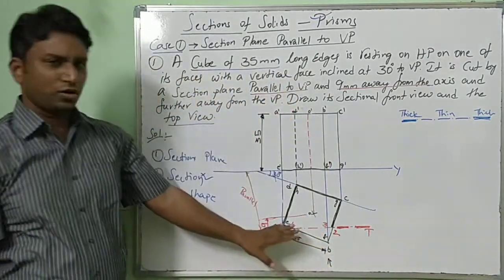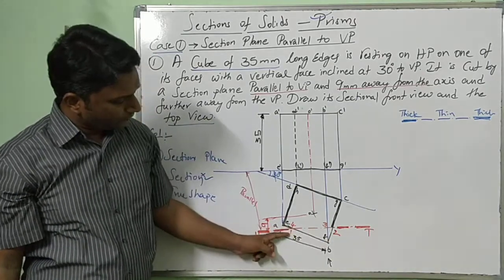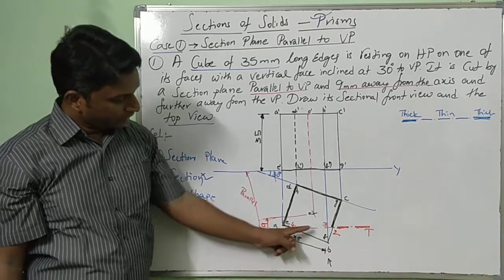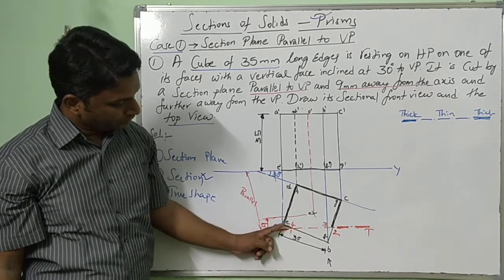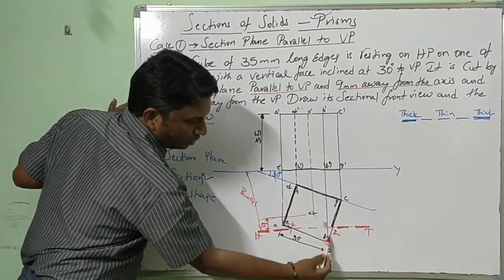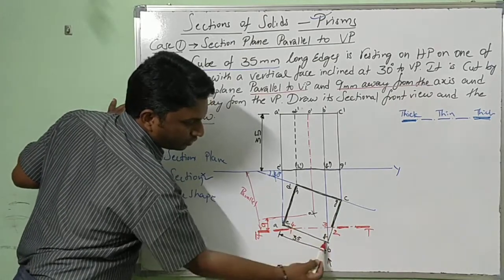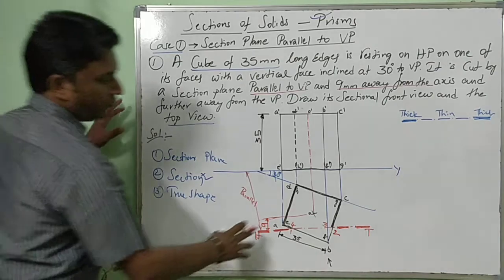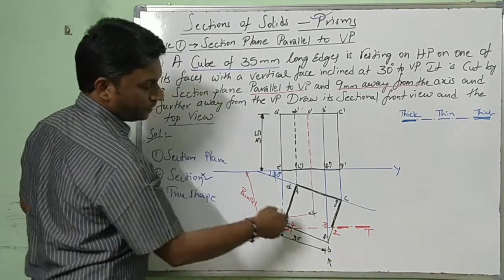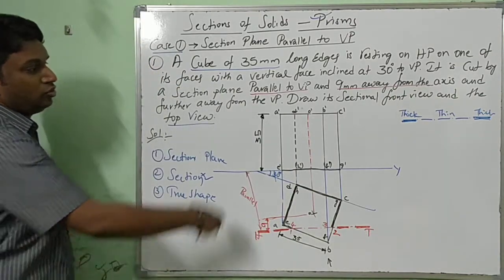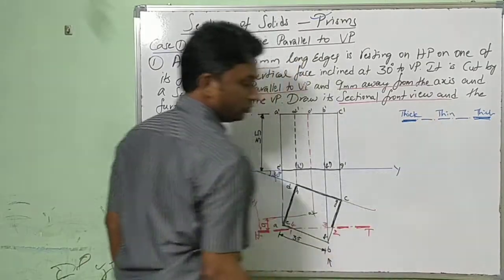Now, if you have to go for drawing, just do numbering at the places where the lines are cut, the intersection of the section plane with the edges. 1 on AB, 2 on BC, 3 you have one more inside on FG, 4 one more inside on EF. Right? It's not a big tough job, simple. Now, when you have drawn those numbers, from those numbers draw vertical lines, because we have to draw its sectional front view.